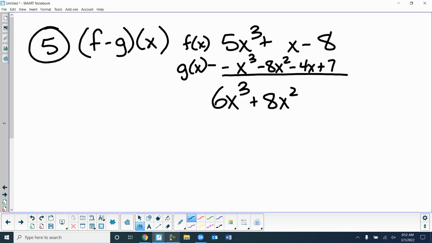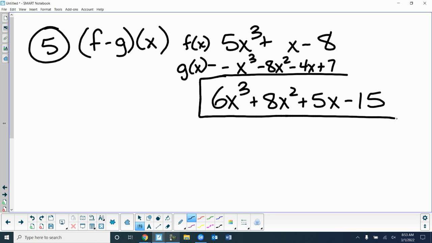It's 1x minus a negative, which is plus 4, so that's 5x. And then it's negative 8 minus 7, which is negative 15. So there's our answer to f minus g of x, just combining like terms. Just remember, minus a negative is addition.